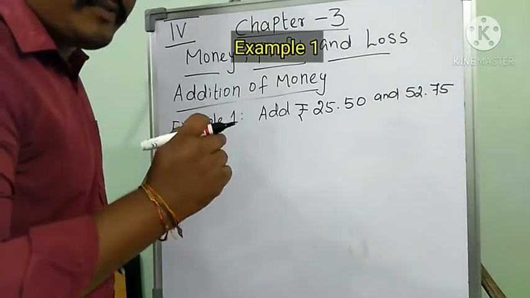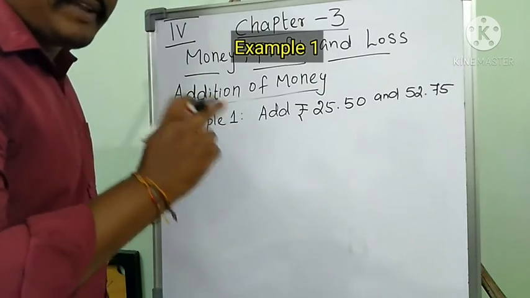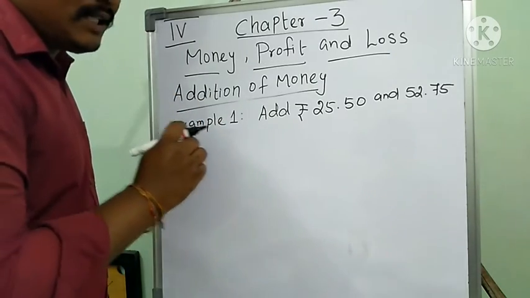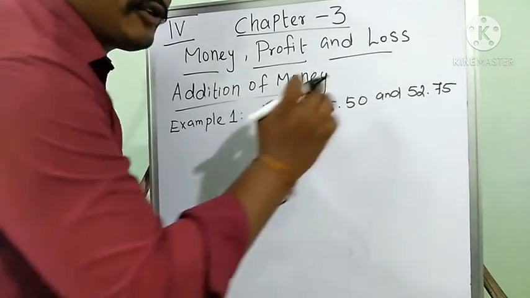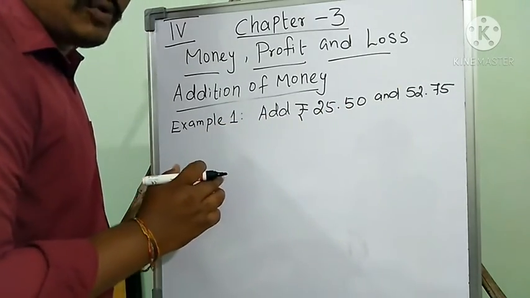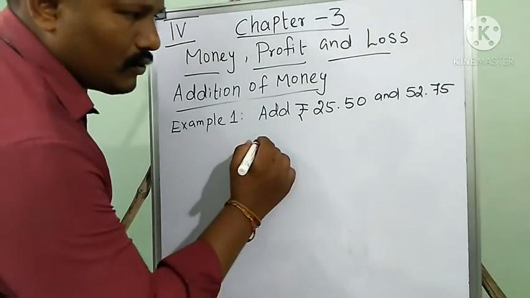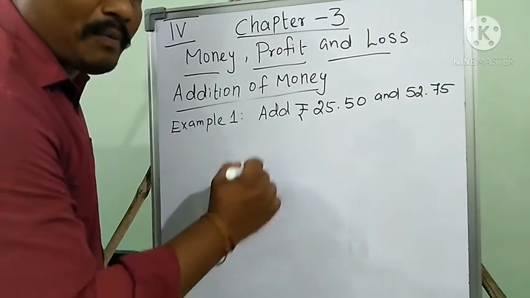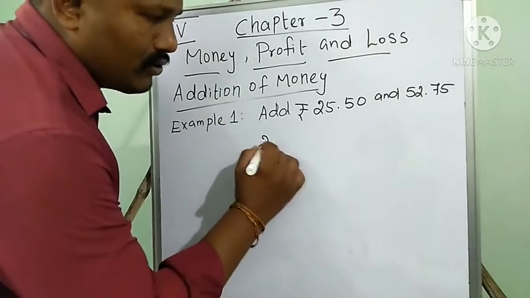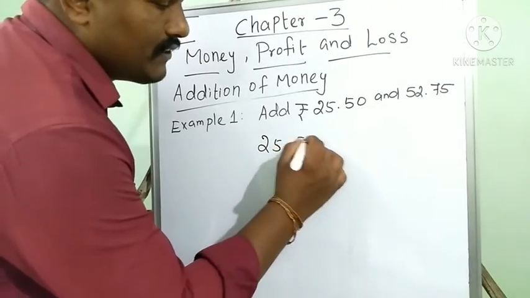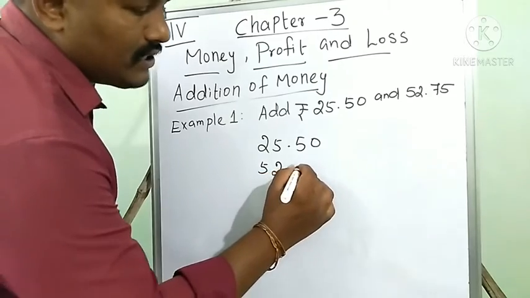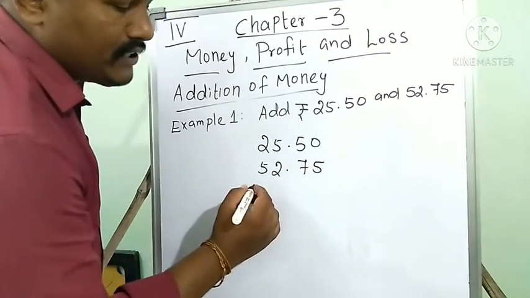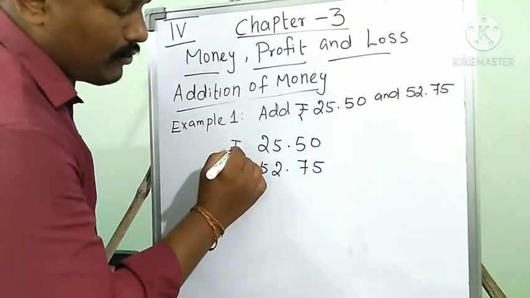Okay, now you are going to learn how to add money. So here 25 rupees 50 paise, then 52 rupees 75 paise. Now how to add, let me see. First we have to arrange it in the proper format. So 25 rupees 50 paise, then 52 rupees 75 paise.